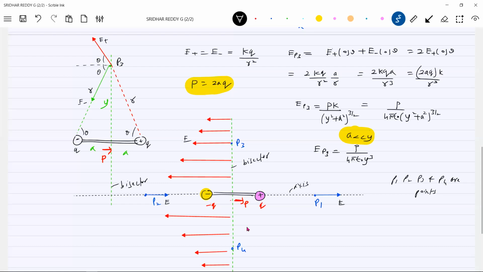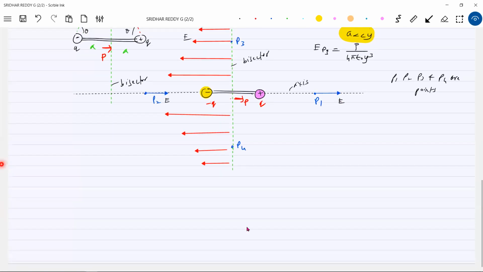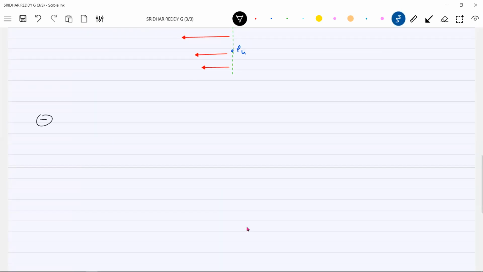Now I have a doubt. I want the field here. What shall I do? Let me trouble you with this question. I have a dipole, and I want the field strength somewhere here, where the line makes an angle theta.